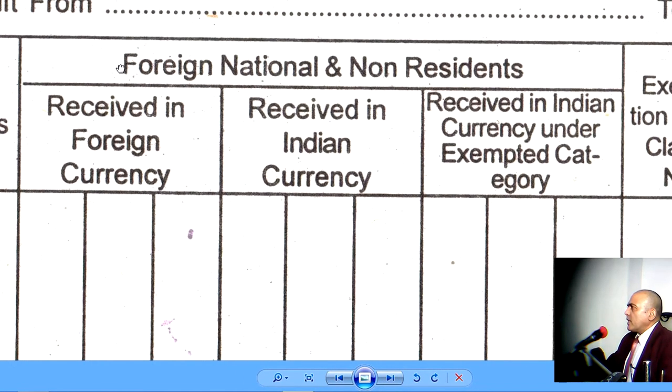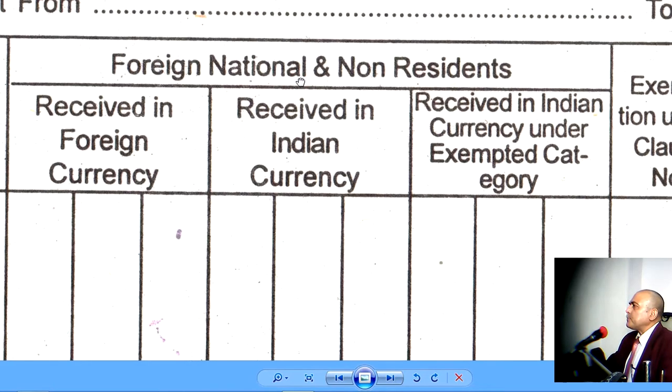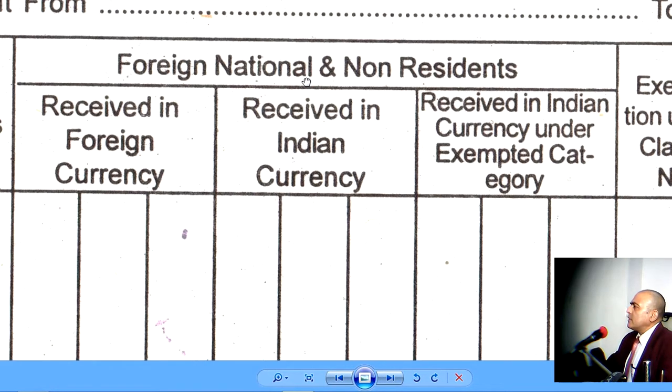The second portion, not half actually, they are all one third. If you notice, this section records payments by foreigners, foreign nationals, foreign citizens, and also non-resident Indians, because if they are employed in foreign countries, their earnings will also be in foreign currency, and they may pay in dollars, yen, euro, Chinese renminbi.